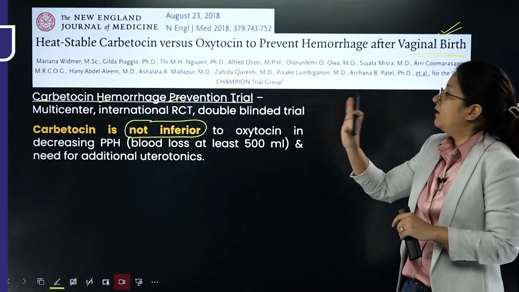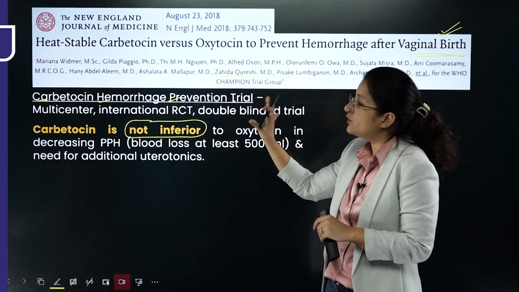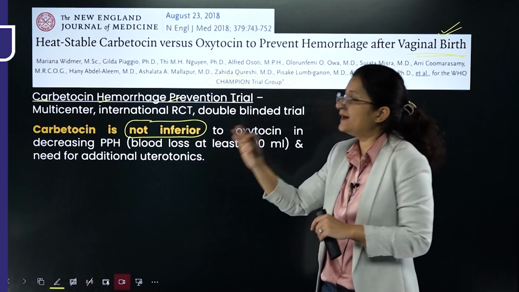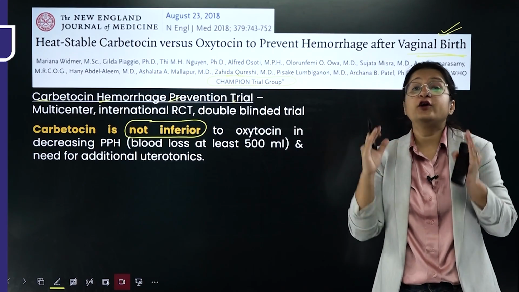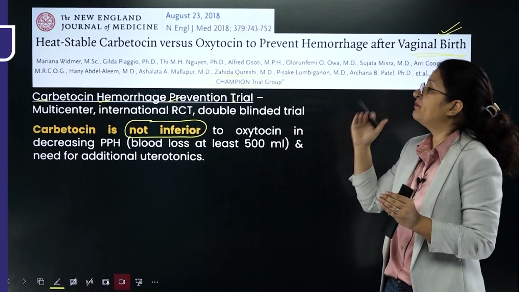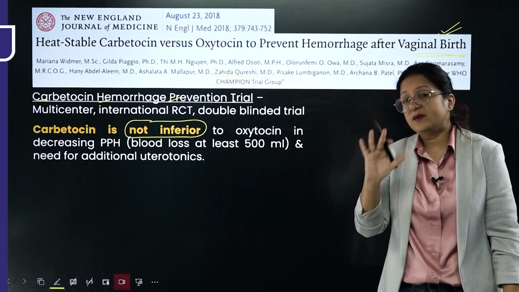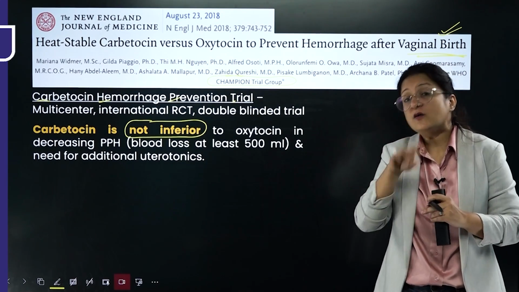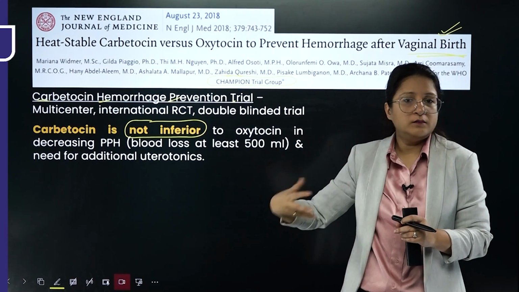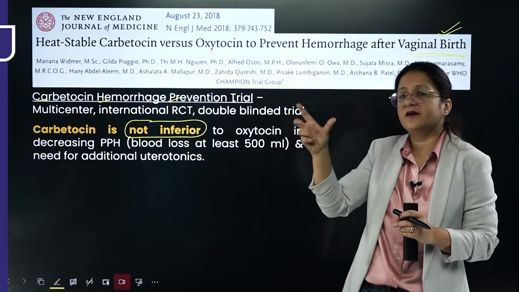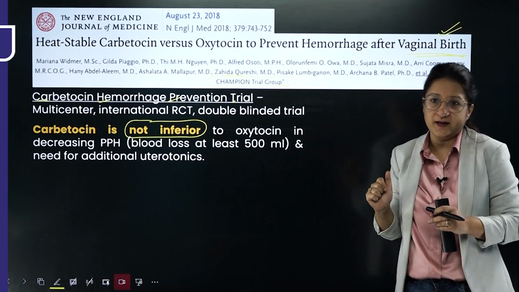But yes, with carbetocin, if at all we use it, what we tend to gain is the longer half-life, and the longer duration of action as compared to oxytocin. So the people who are using carbetocin vouch for it, that they really have to give no additional uterotonics once they have given carbetocin in the third stage of labor for prevention of PPH, right?